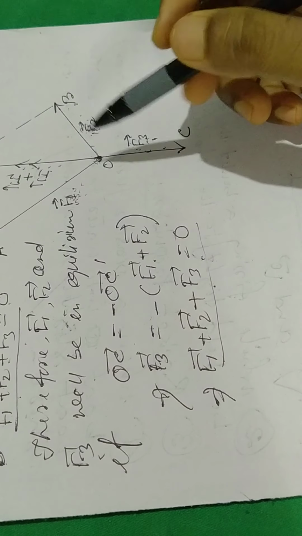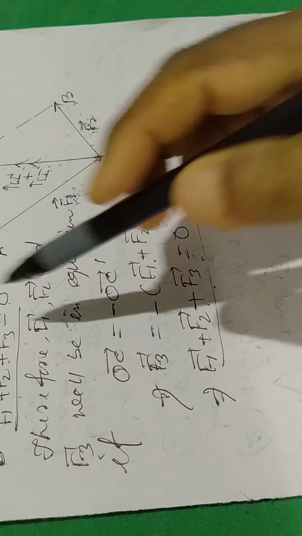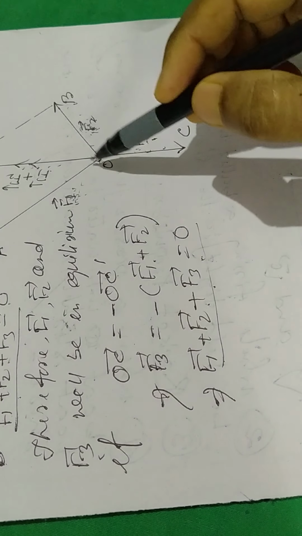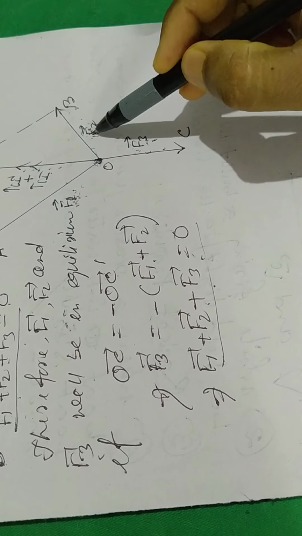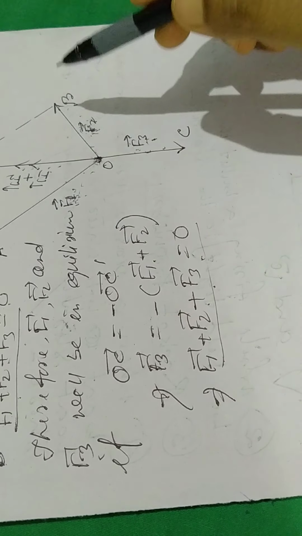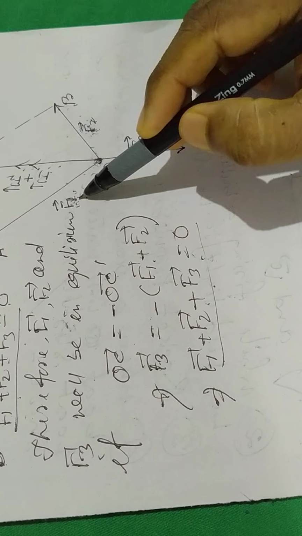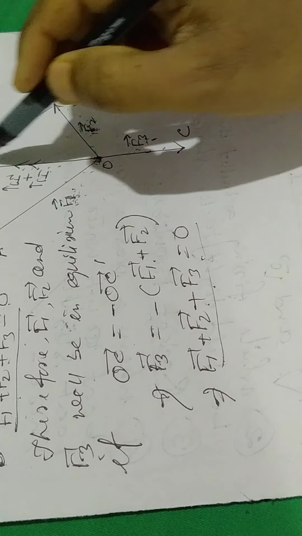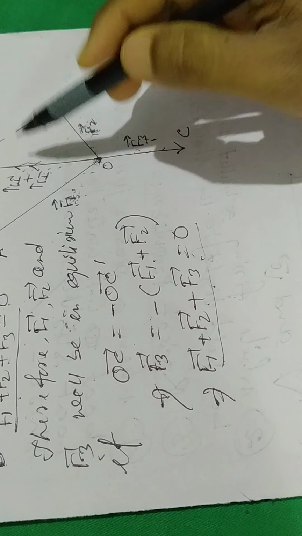So in order to find the condition for equilibrium of concurrent forces, we make a parallelogram. F1 and F2 represent the two sides of a parallelogram. Then according to the law of parallelogram, the resultant of F1 and F2 is represented by the diagonal, which is F1 plus F2.